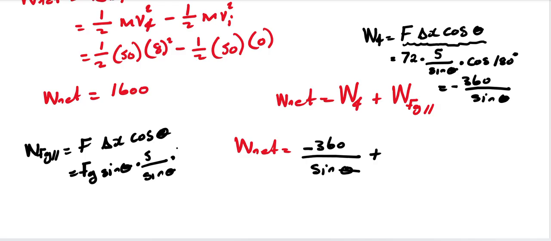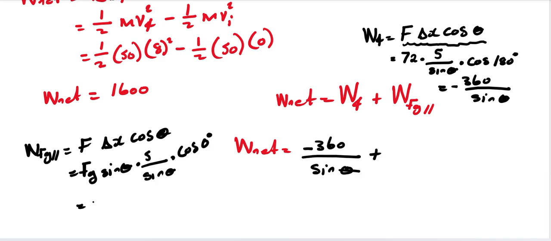What's your cos? It will be cos of 0, because it is not opposing the motion of an object. When a force is opposing the motion of an object, it is cos 180.